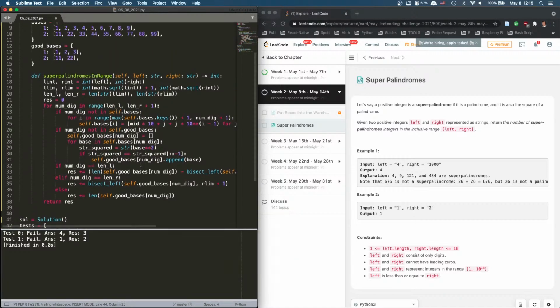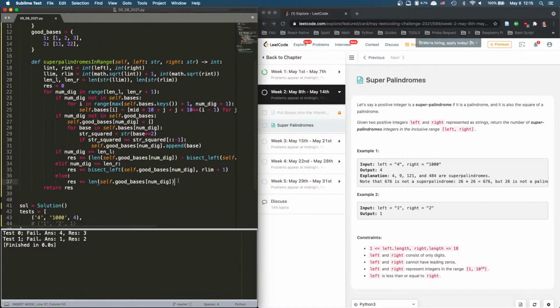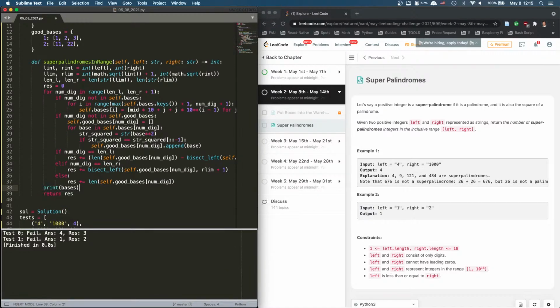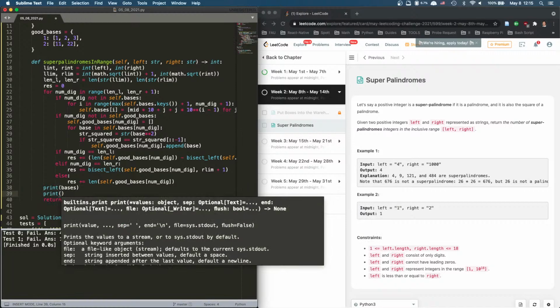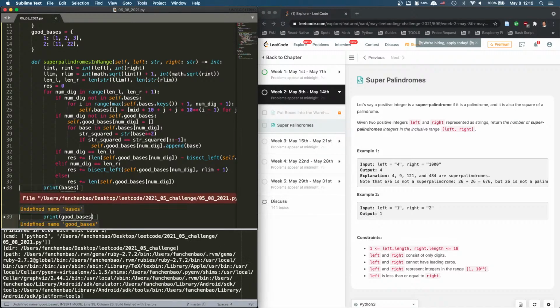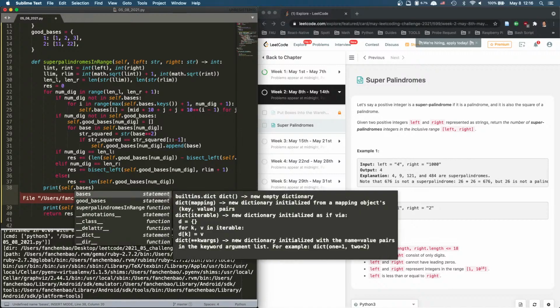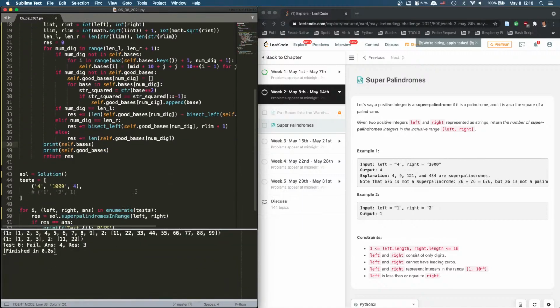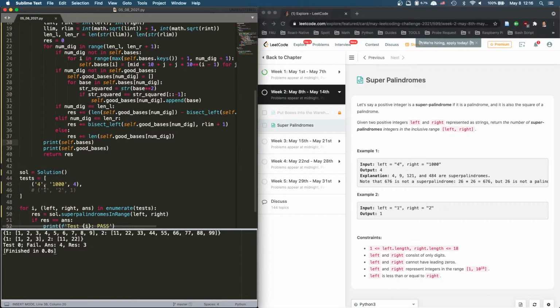Let's just, before we return, print out basis, and print out the good basis. Okay, so basis, we have 1 digit.